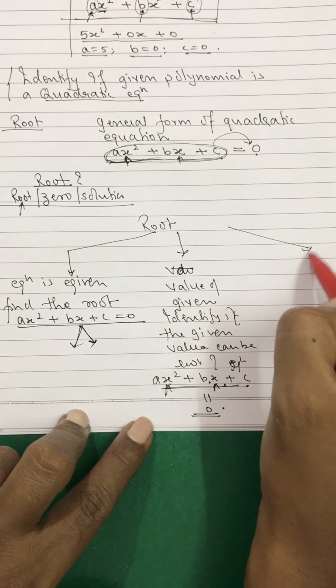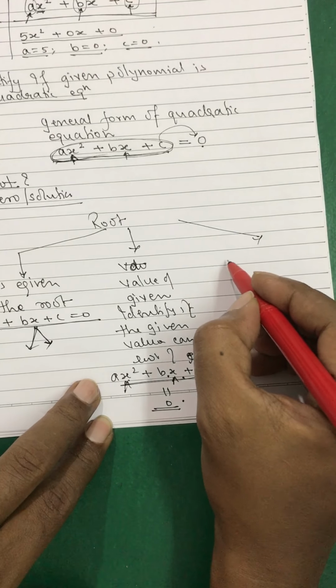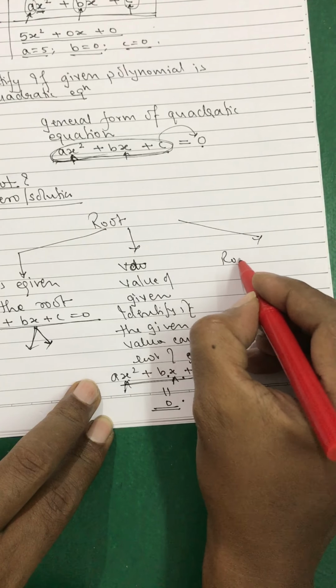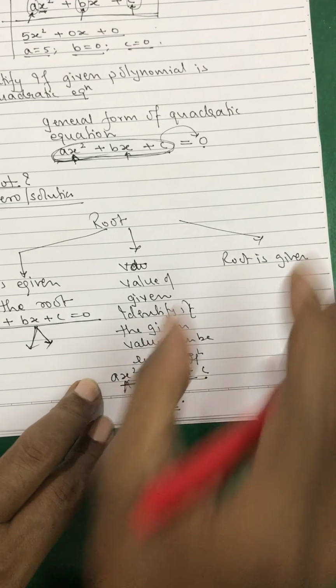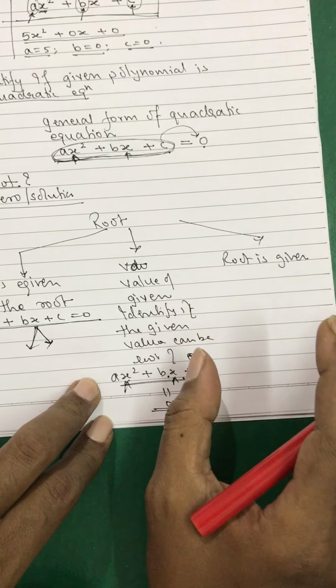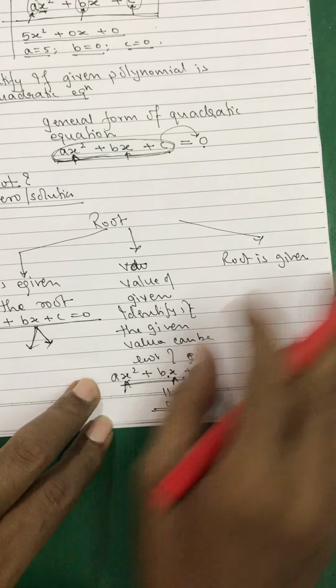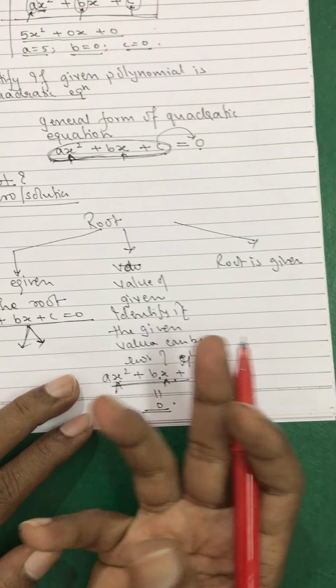And the third type of question is where the root is given. Remember, they tell you that this value is a root. There is no doubt or need to identify whether it is a root or not.